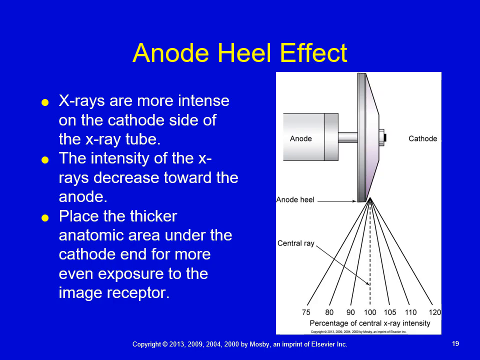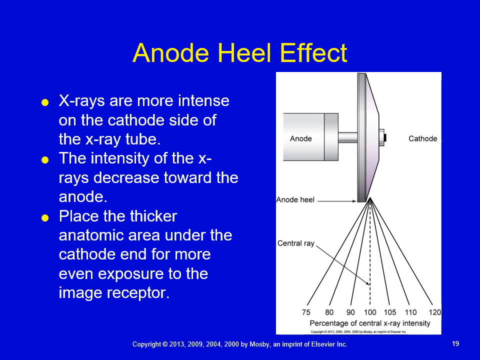By virtue of the construction of our X-ray tubes, as you can see right here, when the X-rays are emitted, those that are closest to the cathode side are a lot more intense than those on the anode side. Now, why? I guess why would you say?